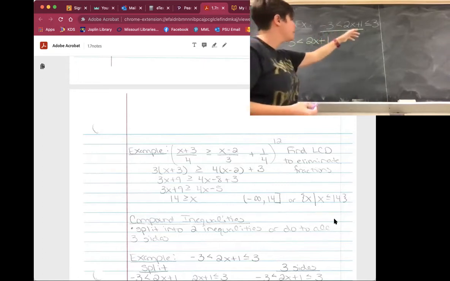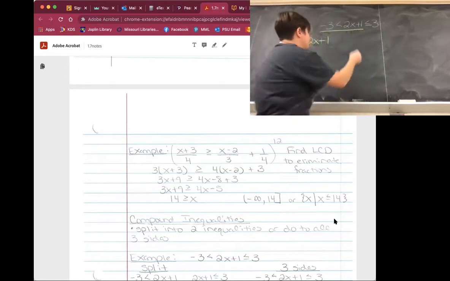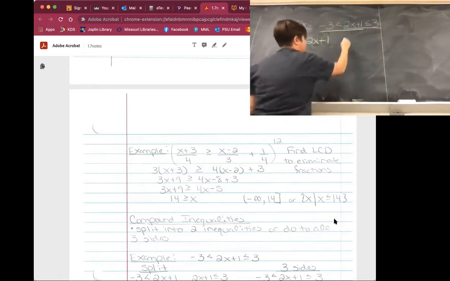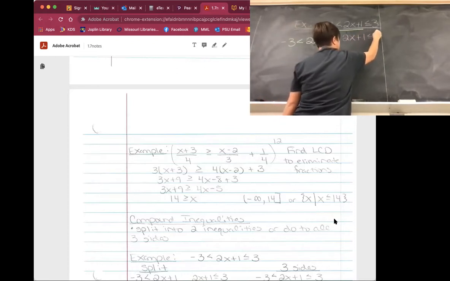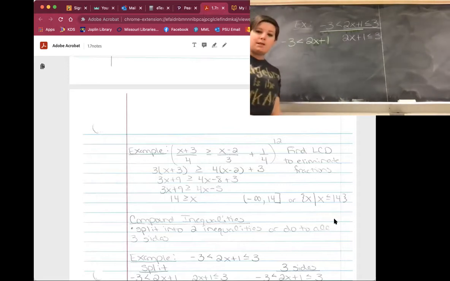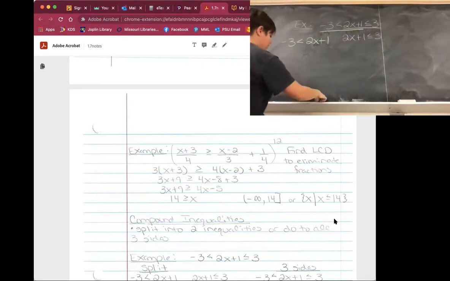However, if I keep reading, it says 2x plus 1 is less than or equal to 3. So this part is another inequality. If you were doing the split method, that's how you're going to do it. You're going to split it up into 2 separate inequalities and you solve them by themselves.